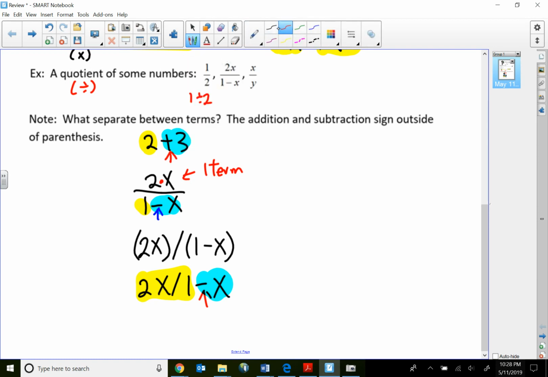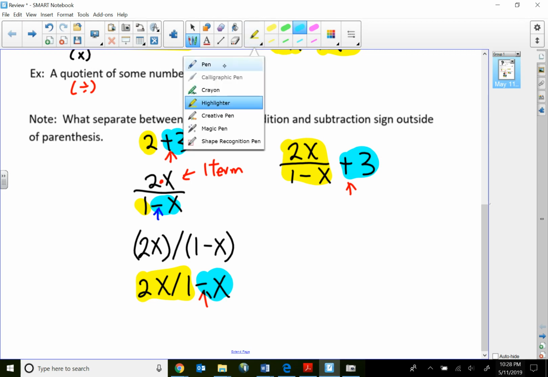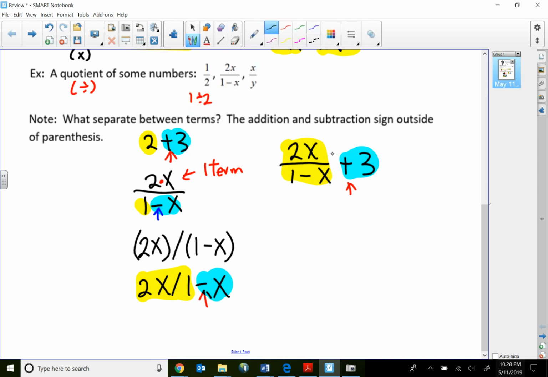Now, what will happen if I add an extra term? Maybe I have 2x over 1 minus x, plus 3. Now the entire expression consists of two terms. So when I key it into the calculator, I need the calculator to see this fraction as one term and the positive 3 as a separate term. We often tell students that whenever we key in a fraction, we always put it in parentheses, so that the calculator can recognize it as two separate terms.